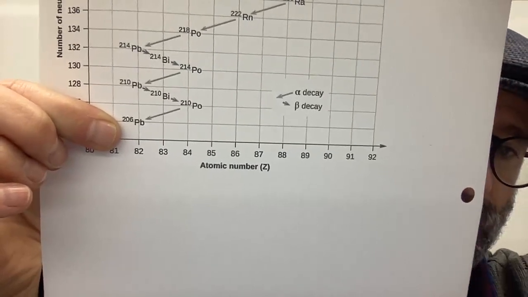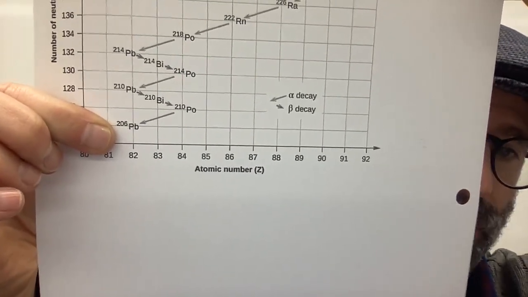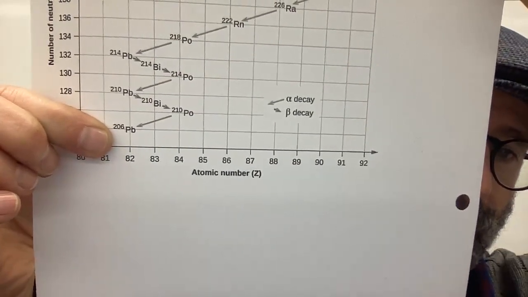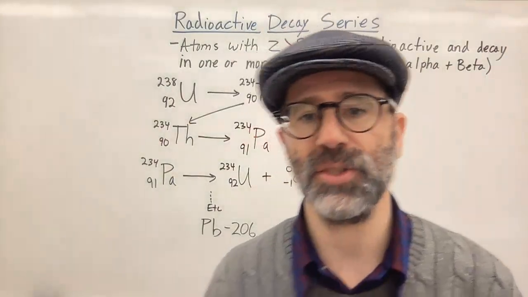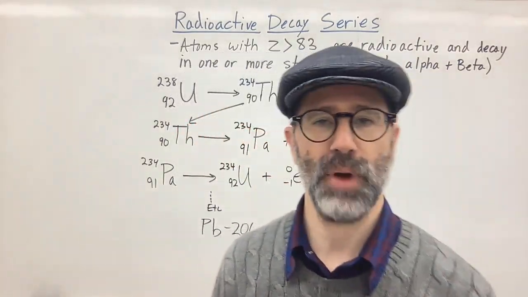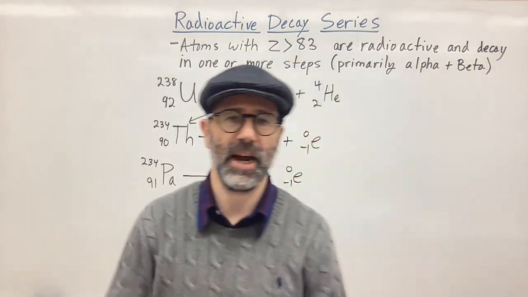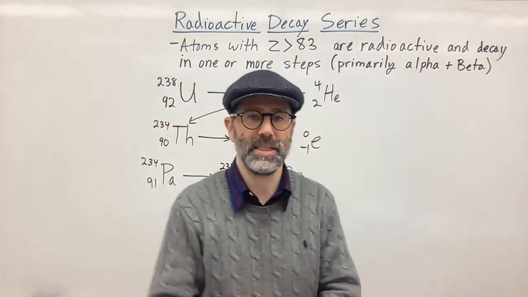That's where the nucleus is finally stable enough to not undergo a radioactive decay. That happens with a lot of these large nuclei. Uranium 238 isn't the only one; there are other nuclei that undergo a similar decay series.